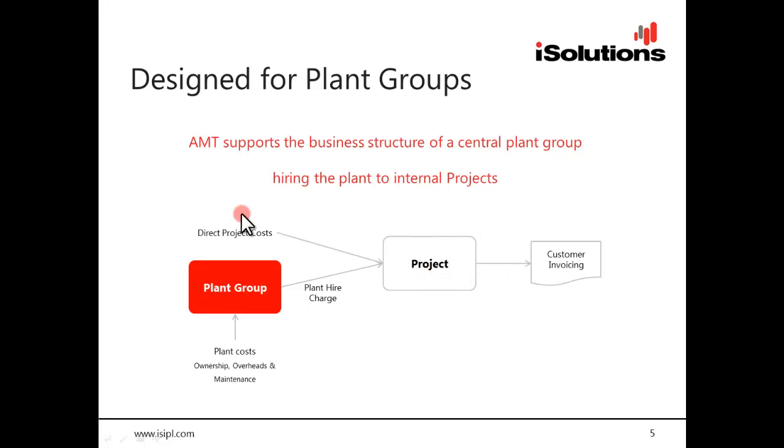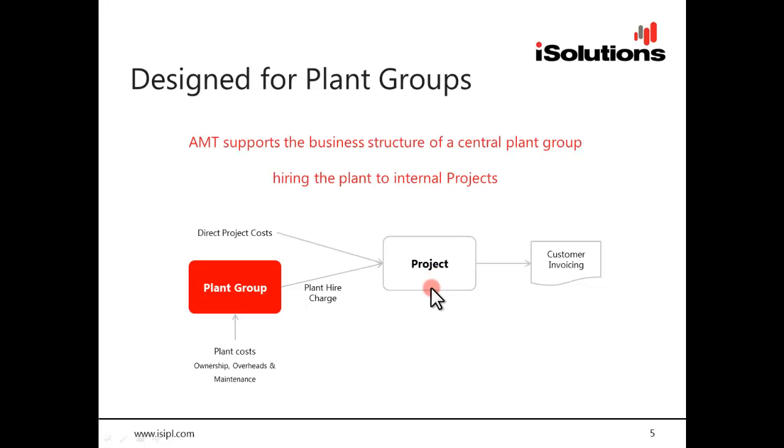The projects would also incur other costs, other direct labor costs, general expenses and things. And then their objective is they sum up all their costs and they invoice the customer, and they're charged with making a margin. So the AMT module is designed for the plant group. AMT is not, in this situation, designed for the project group.